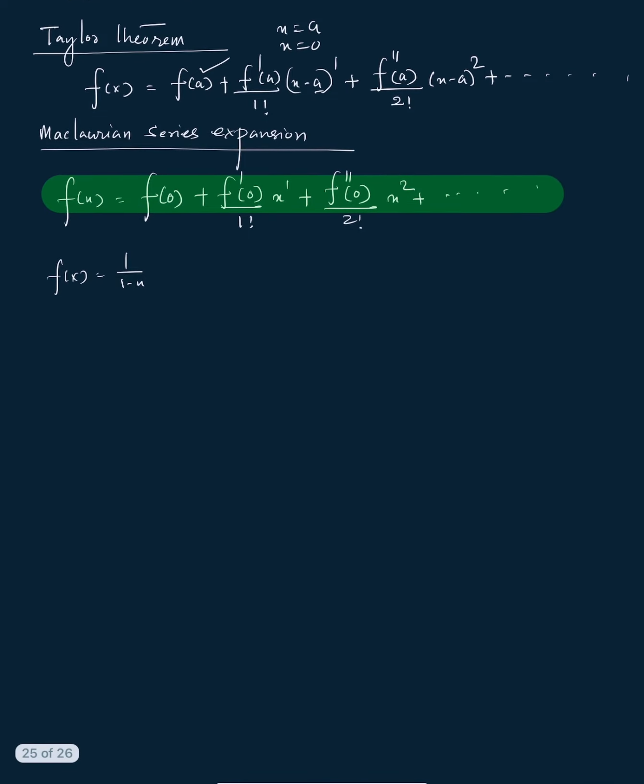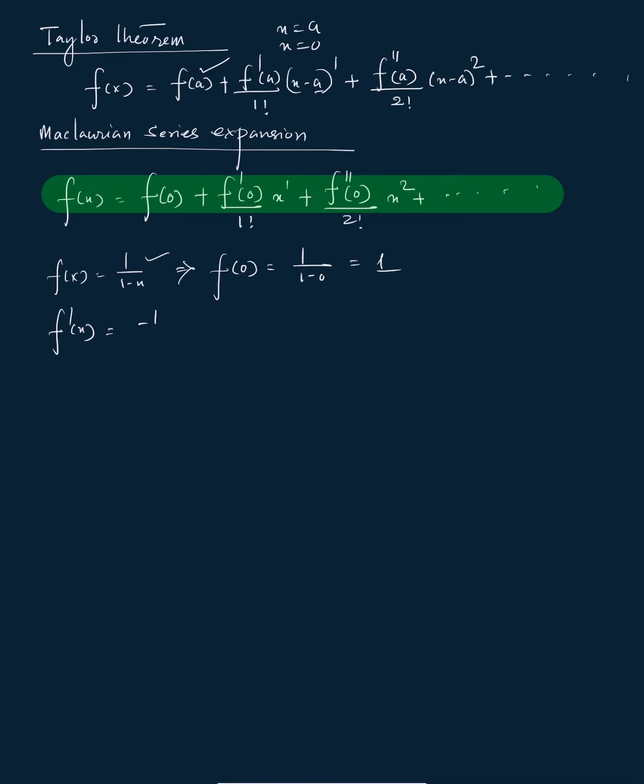So here f of x equal to 1 by 1 minus x. If I put x equal to 0, I get 1 by 1 minus 0, so this will be 1. Next, f prime of x. What is the differentiation of this function with respect to x once?